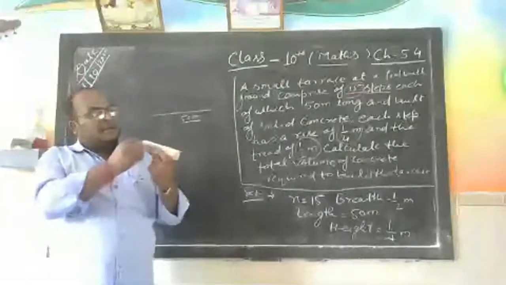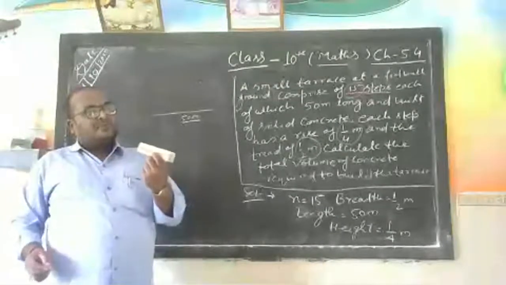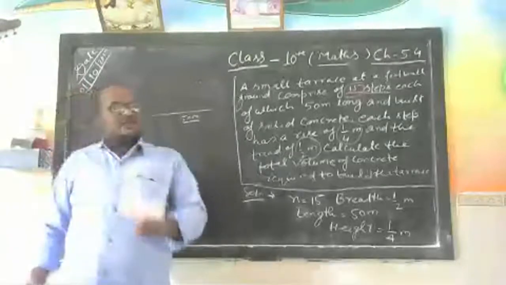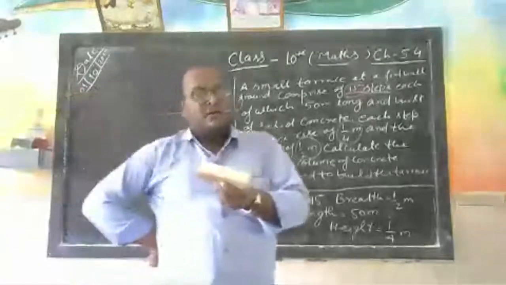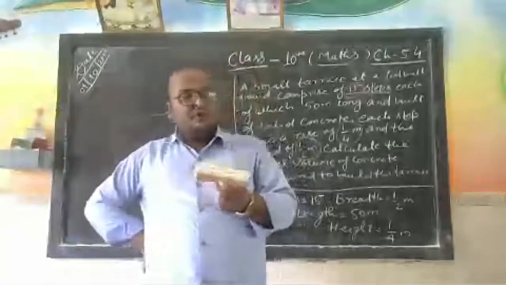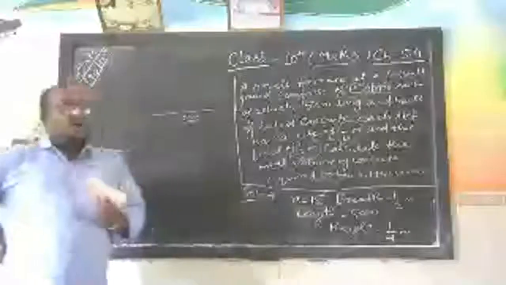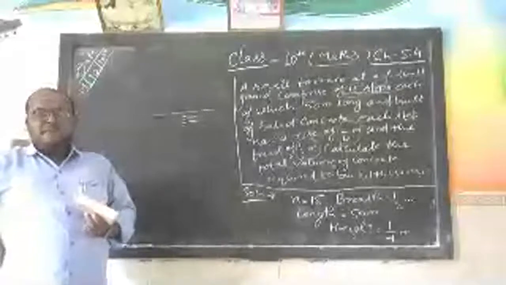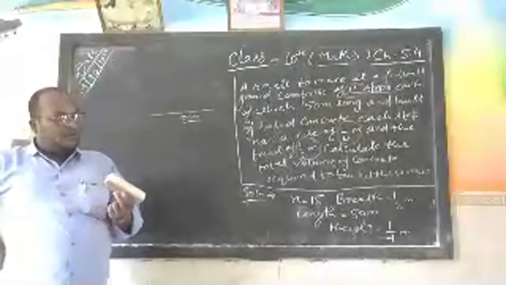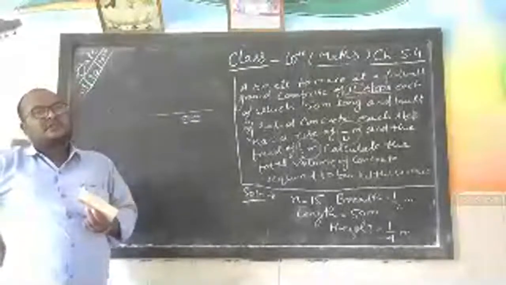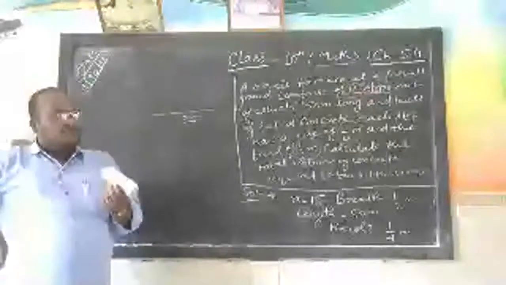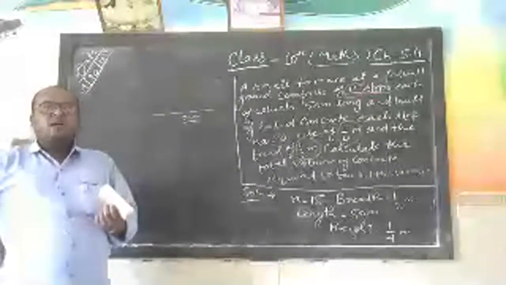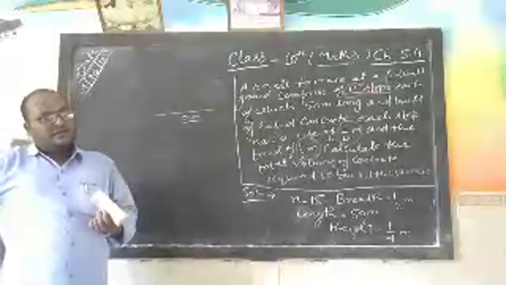So you know that since it is in the shape of a cuboid, if you want to calculate how much concrete will be used for each step, you want to find the volume of the cuboid. Clear?